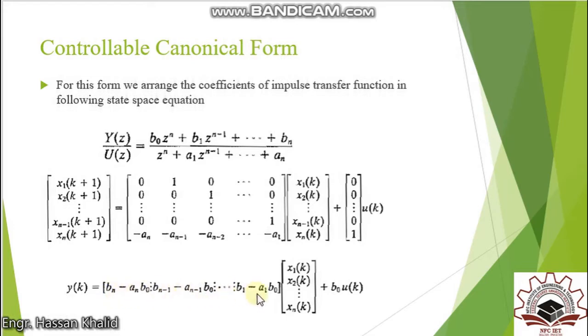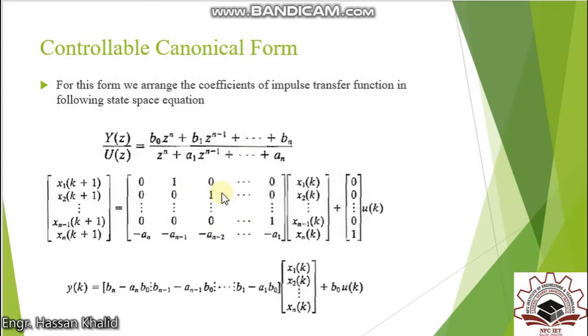The general formation is as follows: starting from bn, which is the last term of the numerator, minus the last term of the denominator coefficient multiplied by the value of b0, and in the next column the next iteration will be b(n-1) minus the a(n-1) part multiplied by the coefficient b0, and so on till the first coefficient b1 arrives.